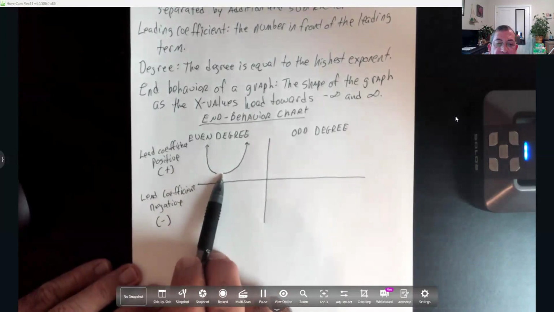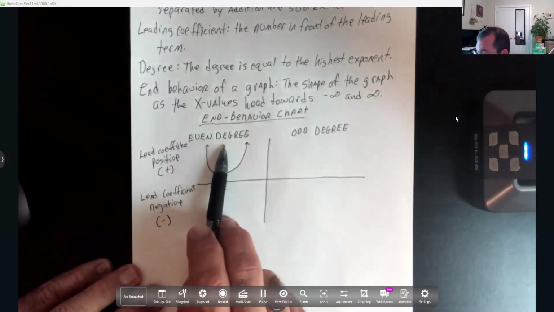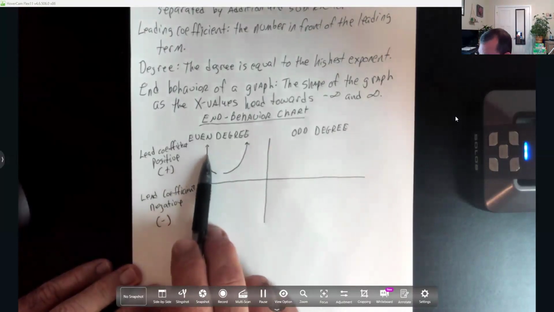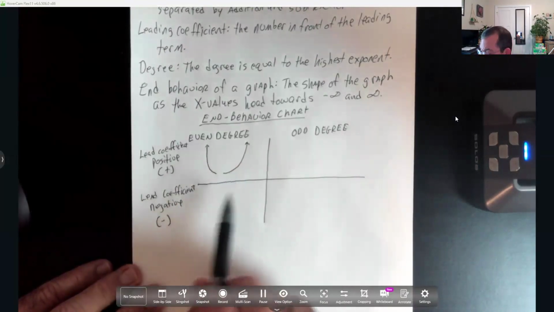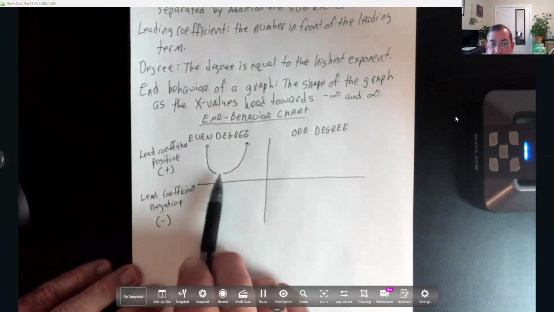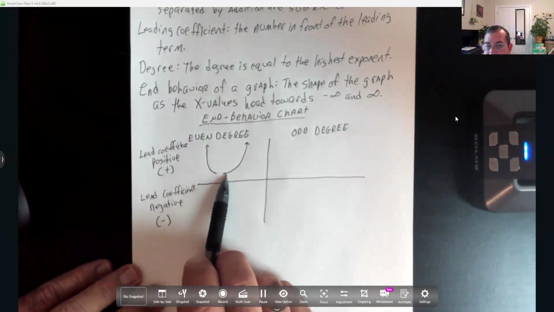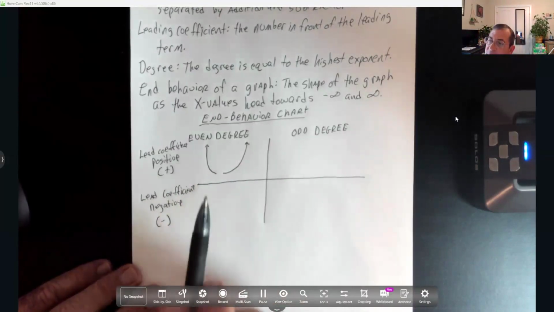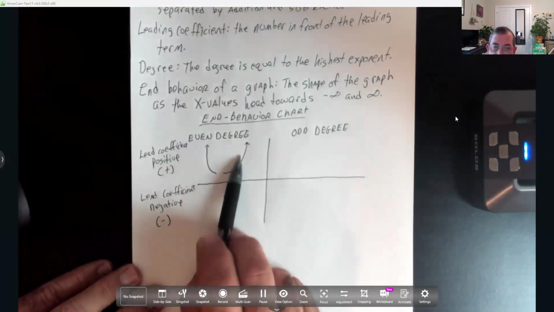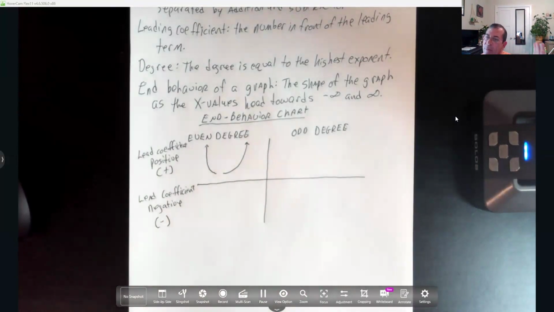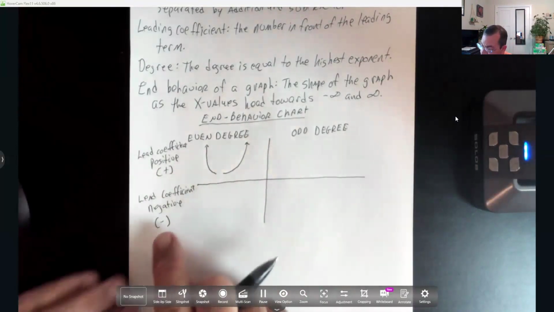Now, they leave a space here depending on what the degree is. So like an x squared would be just a straight up parabola, but an x4 graph might have a little bit of turns in here, or an x6 graph, okay? But the big thing is, if it's an even exponent and that lead coefficient is positive, as it heads towards infinity, both ends are going to go up.